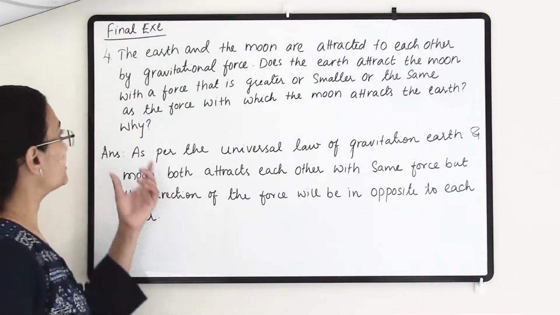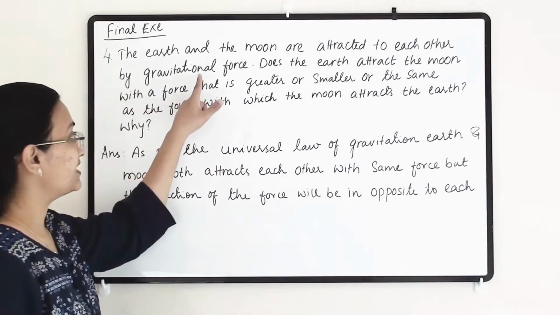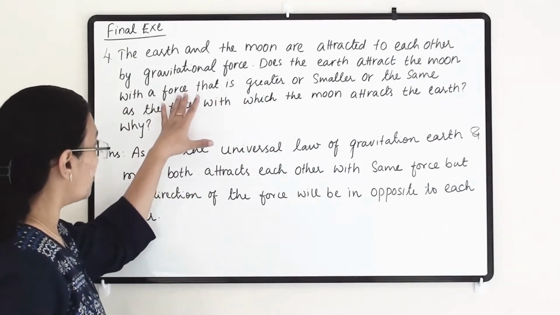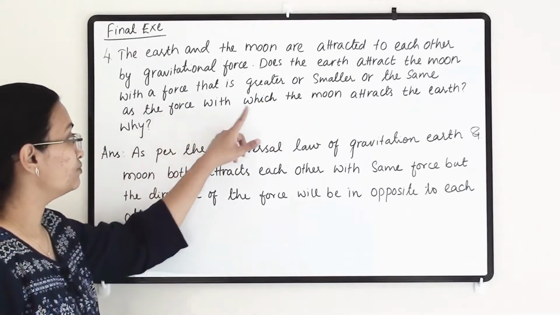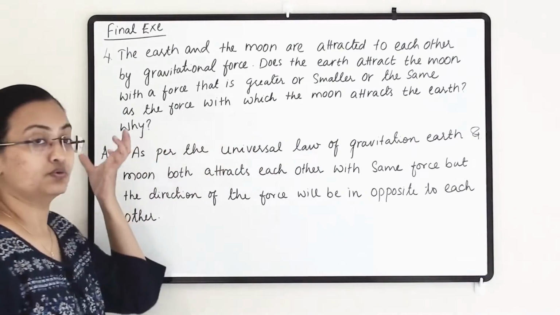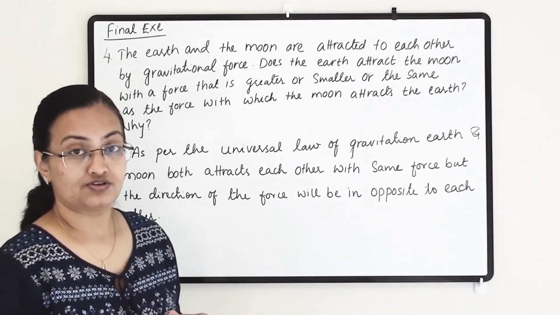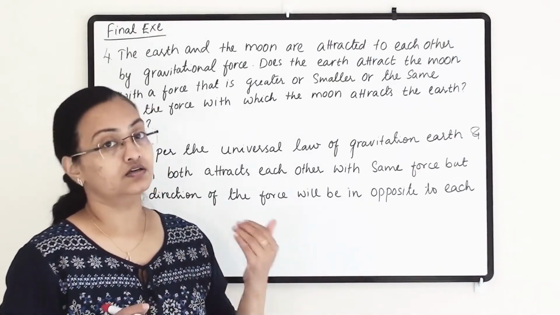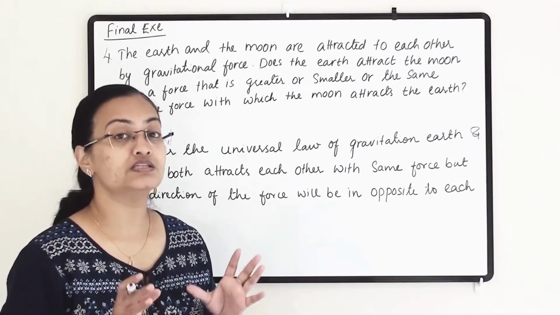Our fourth question is, the earth and the moon are attracted to each other by gravitational force. Does the earth attract the moon with a force that is greater, smaller or the same as the force with which the moon attracts the earth? Why? As per the universal law of gravitation, each and every object attracts the other object, and the magnitude of the force will remain the same.